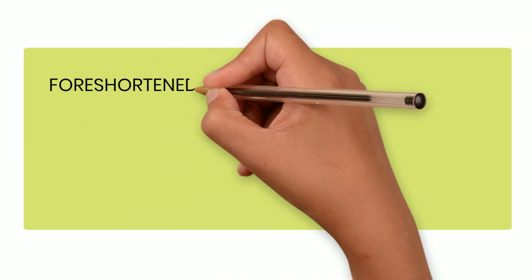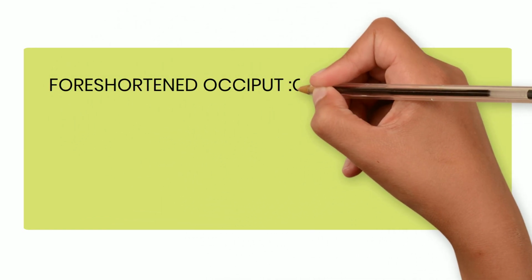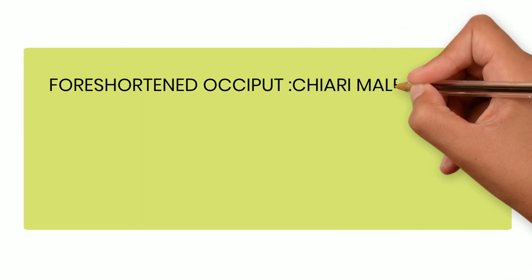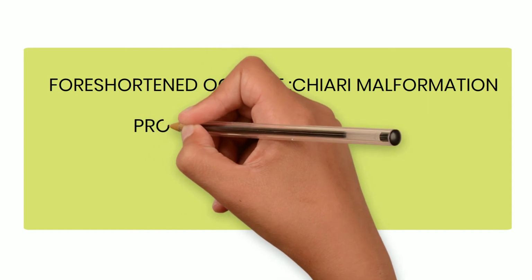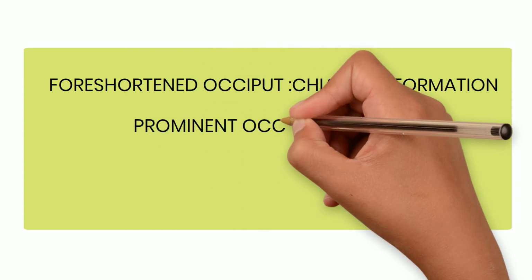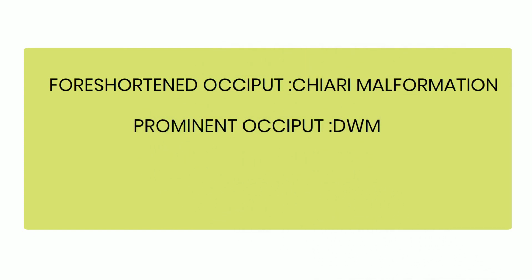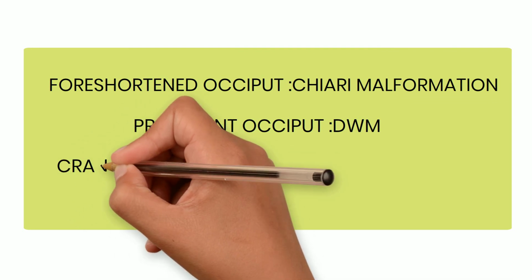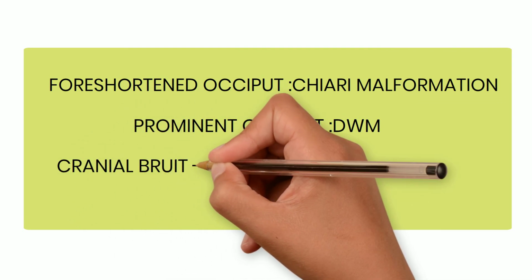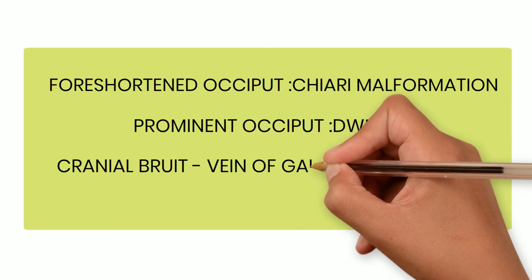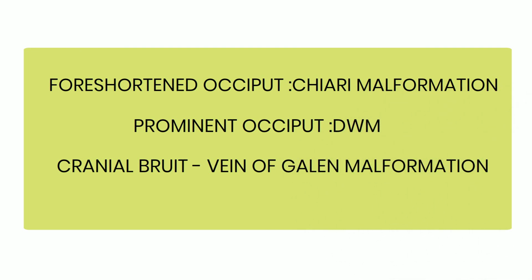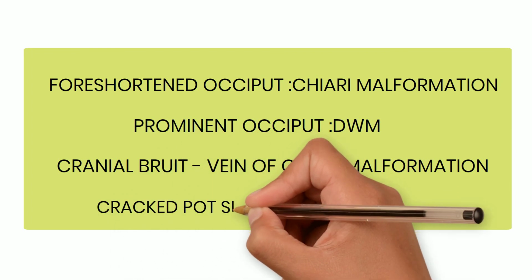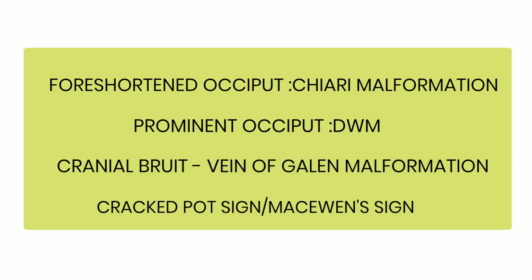In case of Chiari malformation, due to these displacements, there can be a foreshortened occiput. And in case of Dandy-Walker malformation, due to the cystic dilatation, there is a prominent occiput. And cranial bruit is heard in vein of Galen malformation. And cracked pot sign is due to separation of sutures.